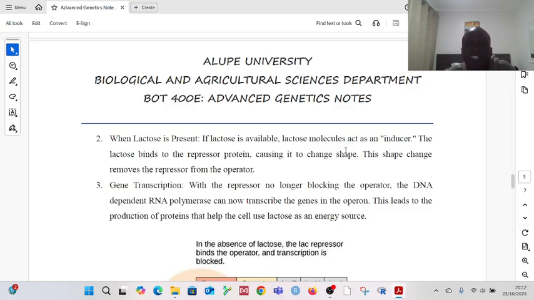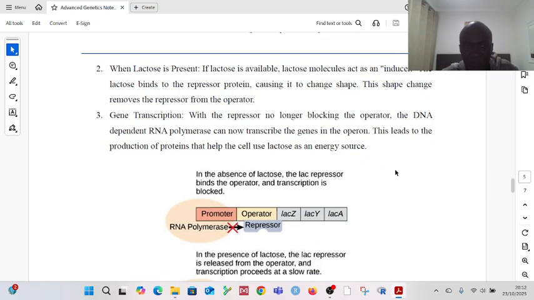Once the genes have been transcribed, we will get an RNA transcript. Then out of that RNA transcript, we'll end up getting proteins through the process of what? Translation. Okay?